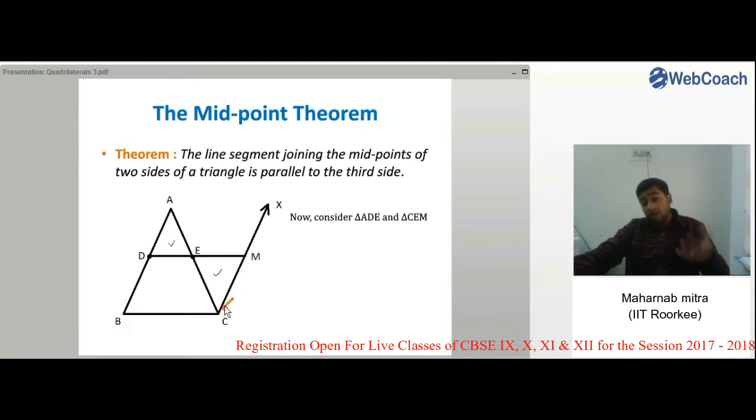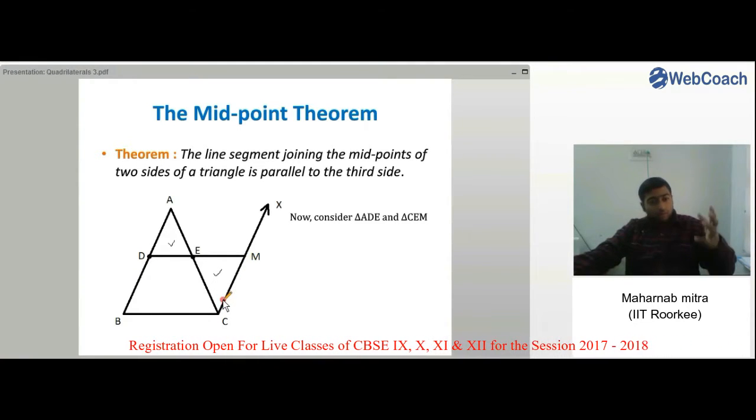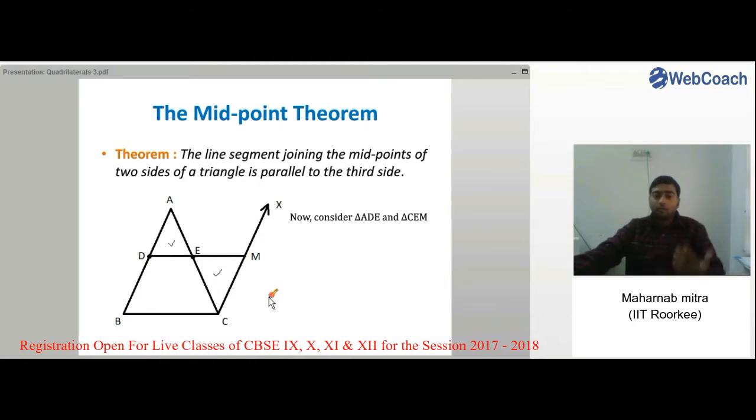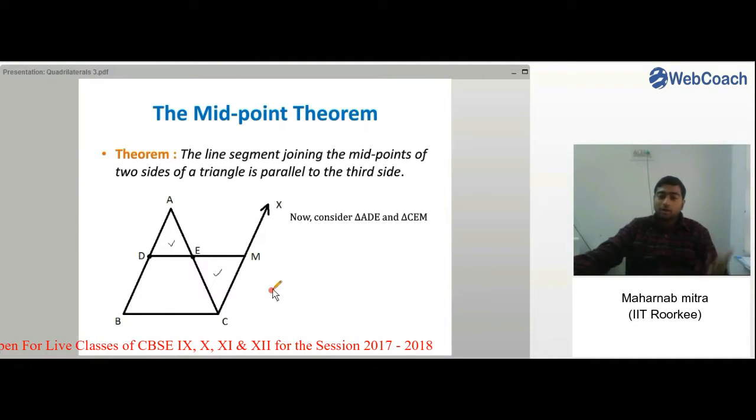And if we can show that BDMC is a parallelogram, obviously DE will be parallel to BC.